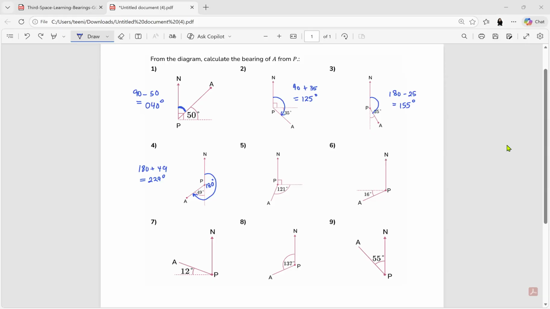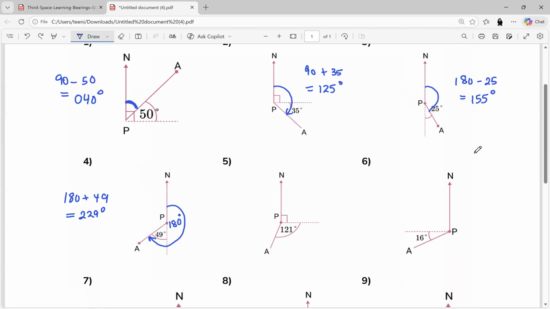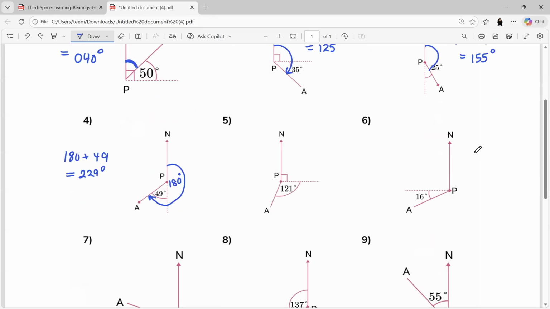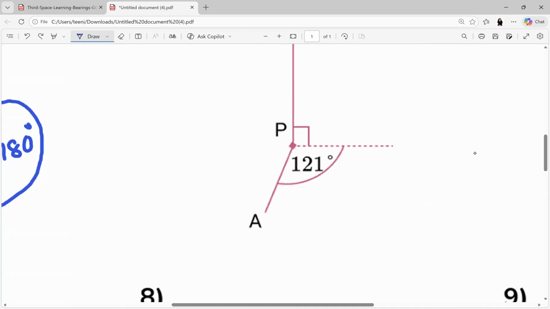Okay, guys, I'm gonna go through the rest with you, and for you if you need. Okay, so number 5, the bearing is the angle between your north line and the line connecting A to B. So that's going to be this entire angle on the outside here.